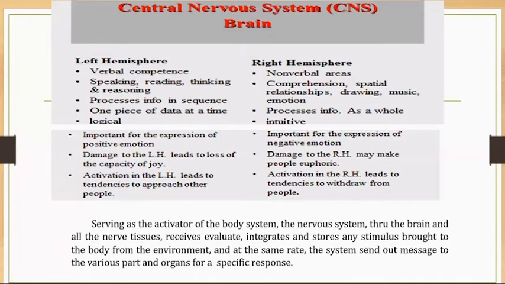So that's the left and right hemisphere. Sometimes people say don't talk to him anymore, because that is what is working in him, possibly the right hemisphere. So those are the differences. And also the nervous system serves as the activator of the body, because that is important. The nervous system, through the brain and all the nerve tissues, receives, evaluates, integrates, and stores any stimulus given to the body from the environment. At the same time, the system sends out messages to the various parts and organs for the specific response.